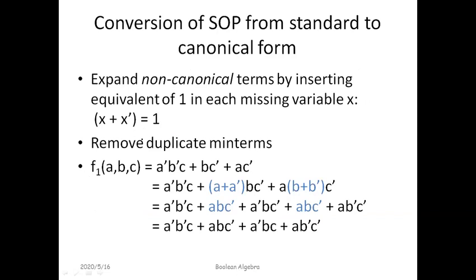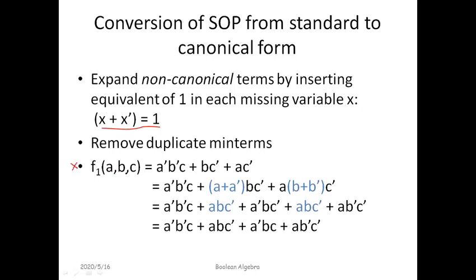We already demonstrated something like this before on the initial slides. If you replace with x plus x bar, you are not changing anything, you're simply replacing by a 1. Then we also need to remove duplicate minterms. So let's look at this example.